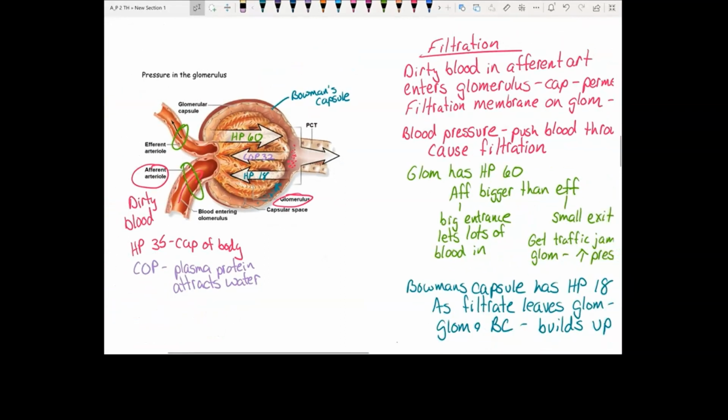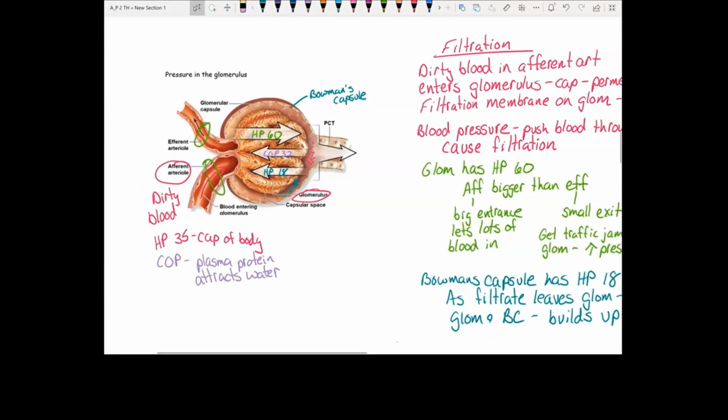So we have three pressures. The hydrostatic pressure of the glomerulus, which is just the blood, or the liquid in the blood, being pushed out. You have colloid osmotic pressure, which is the protein pulling it back in. And then you have a capsular hydrostatic pressure pushing back in. So we want the net filtration pressure. This part right here is net filtration pressure.